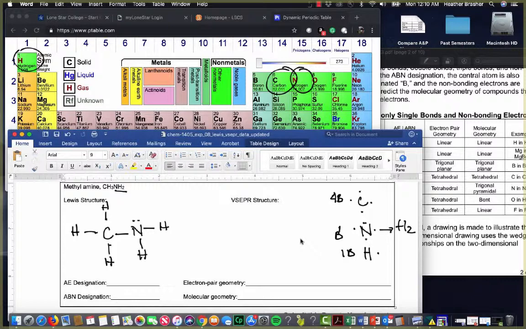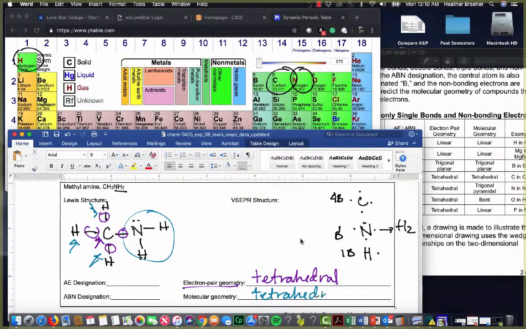Now when we do the electron pair geometry, we're doing it for carbon. So we have 1, 2, 3, 4. That's tetrahedral. We have 1, 2, 3, and this whole thing is considered 4. Again, it's tetrahedral.